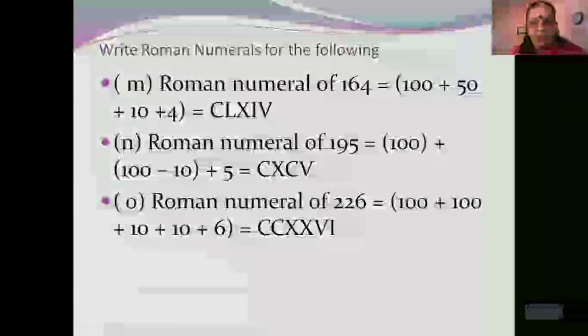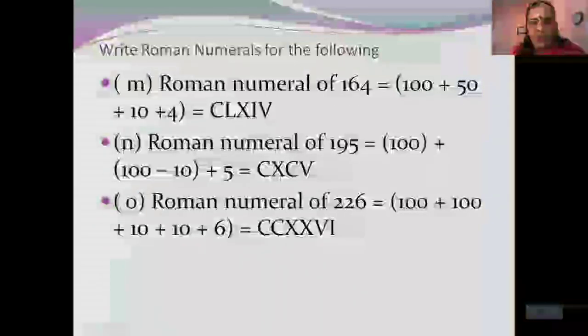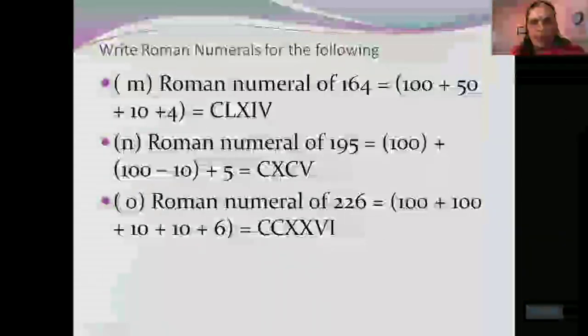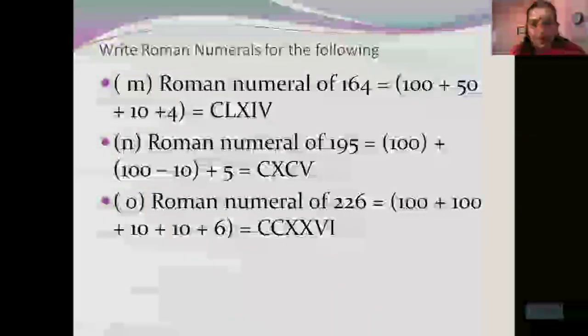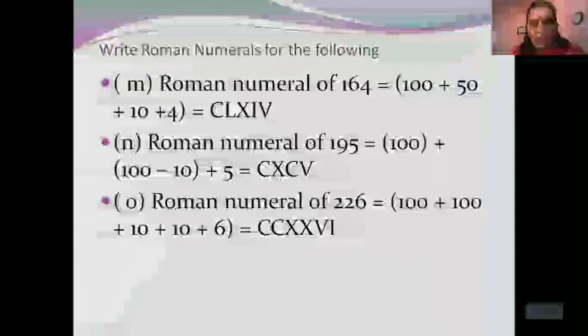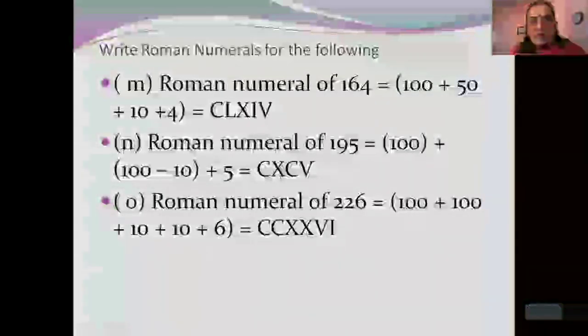The Roman numeral for 195 is 100 plus 100 minus 10, which is 90, plus 5, that is C, XC, V. The Roman numeral for 226 is 100 plus 100 plus 10 plus 10 plus 6, that is C, C, X, X, VI.